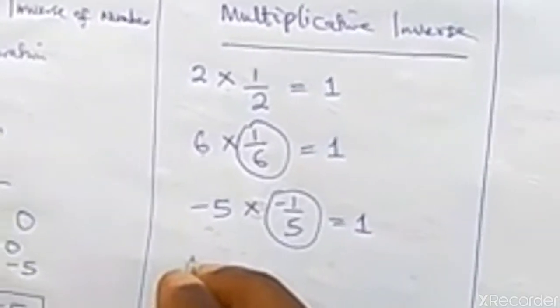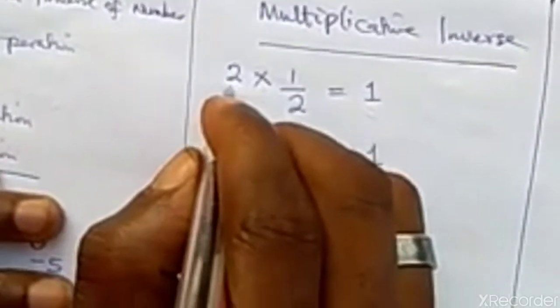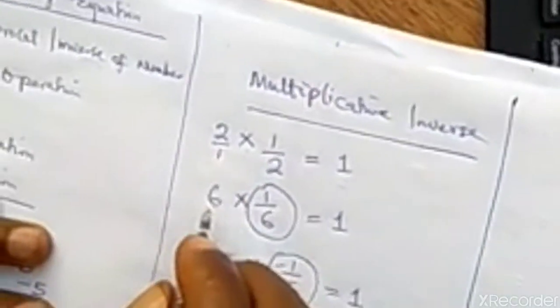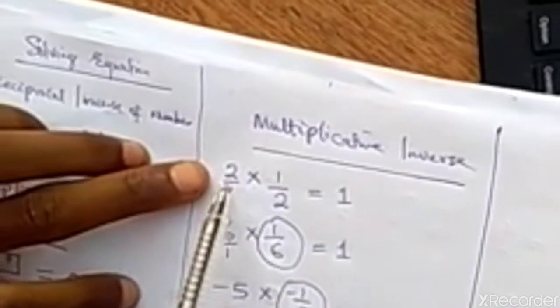Therefore, from what we have done so far, whole numbers can be made fractions by putting them over 1. So all whole numbers are rational numbers. You can express them as a ratio. Notice from the first one, 2 is the same thing as 2 divided by 1.